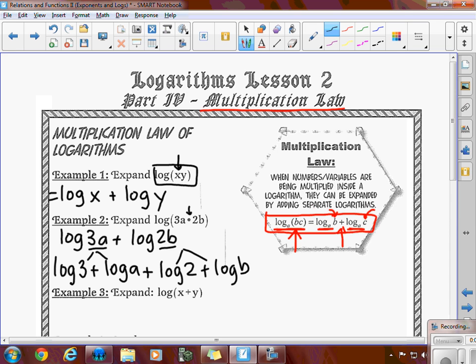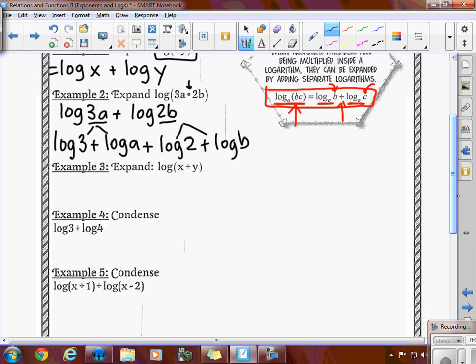The next example has log of x plus y. Now if you examine closely, the stuff here is not being multiplied. So the tendency is to still split this up as log x plus log y.